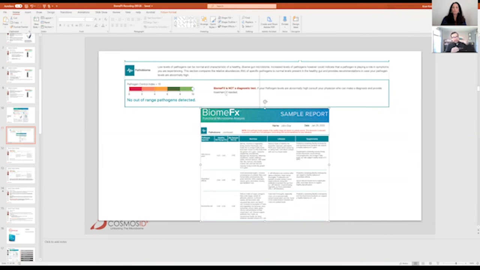So this individual had high alpha diversity, which means that they had a good number of species when compared to the U.S. healthy population. They had good beta diversity, which means that the types of bacteria that they have fit right in with the U.S. healthy population. They didn't have any crazy extraneous loads of bacteria that put them outside of the range of the U.S. healthy population, but the resistome tended to be lower.